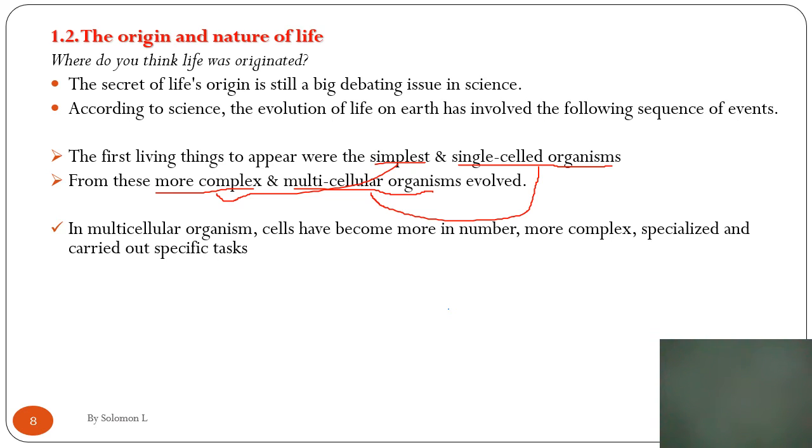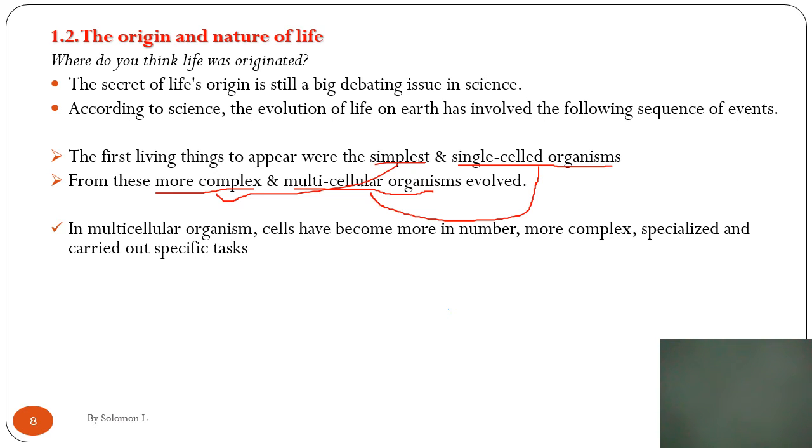But multicellular organisms are made up of many cells, as the name shows. So such organisms are constructed of many cells, and also their cells are complex. In single-cell organisms, for example, the cells have no nucleus, and their organelles are not membranous.